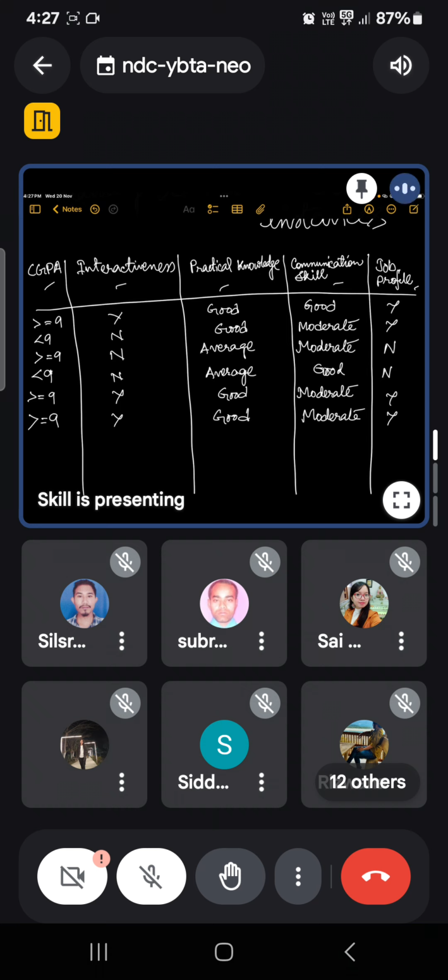The third one has CGPA greater than or equal to 9, interactiveness no, practical knowledge average, communication skill moderate, then job profile is no. For each one the attributes are written over here, and the job profile is written as yes or no. For this data set, we will calculate and we will have the final result.